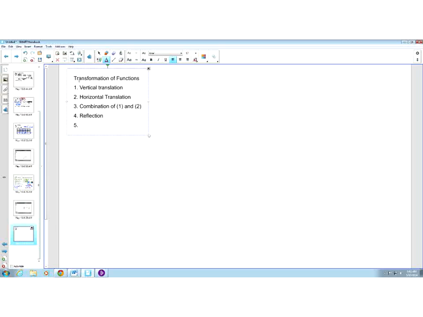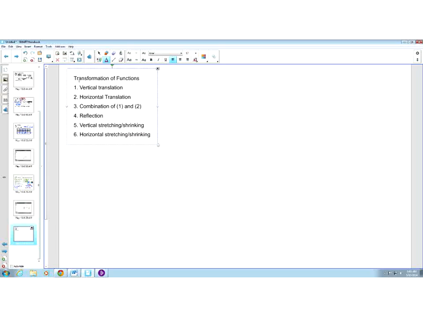We have vertical stretching, shrinking, and then we have horizontal stretching, shrink, if I can spell right. So these are the kinds of transformations that we'll be dealing with.